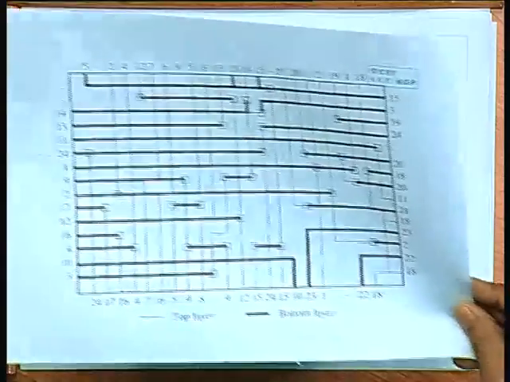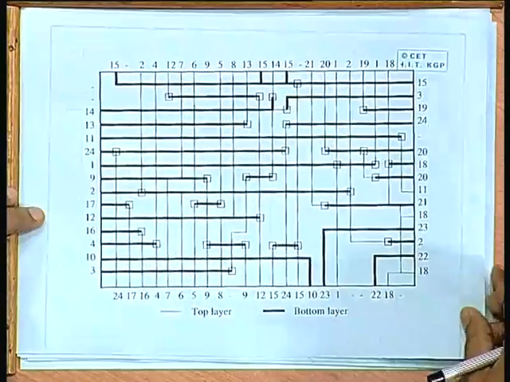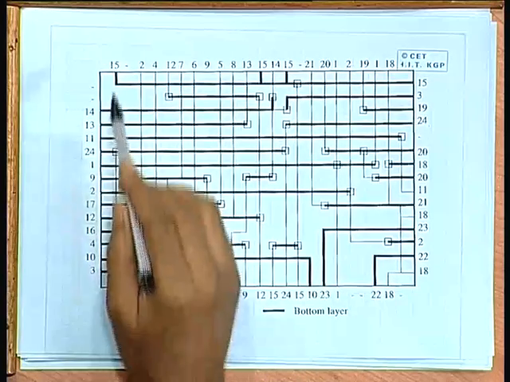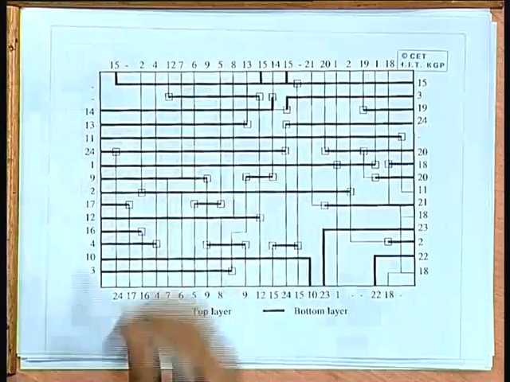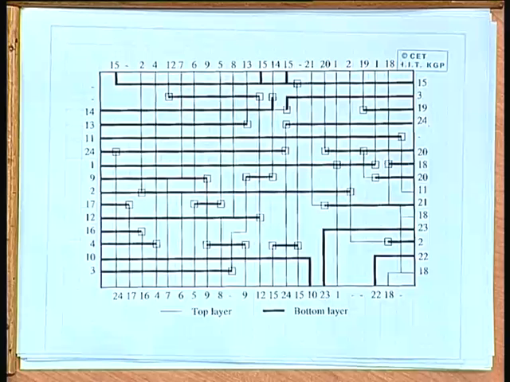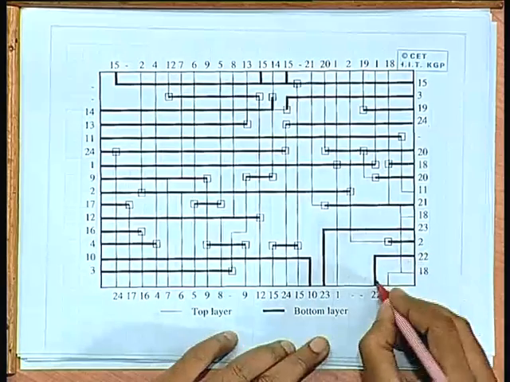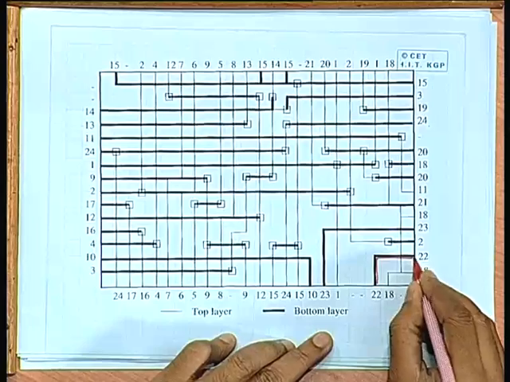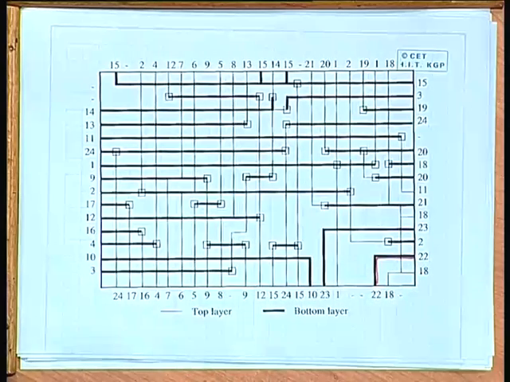So, I am showing you the solution of one reasonable size switchbox. This is taken as an example in many papers and many benchmarks. Here you will see that there are some nets like this entire connection is put on the same track.